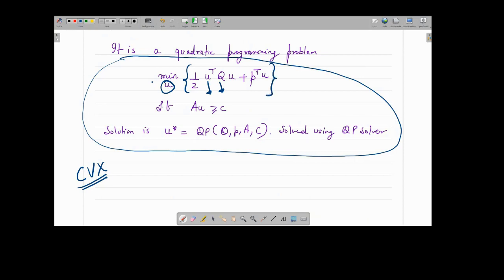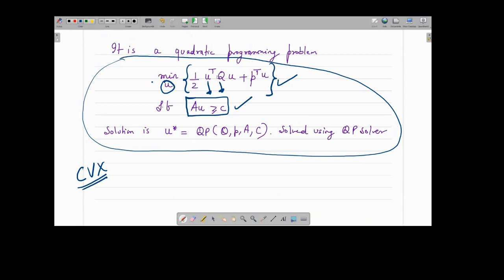It's a generalized setting for the program solver, subjected to these constraints. So this is linear constraint. If you compare this one with the existing problem which I have presented, you can easily see that u will be actually theta, and your q will be identity matrix, because u transpose u will be modulus u, the L2 norm of u.